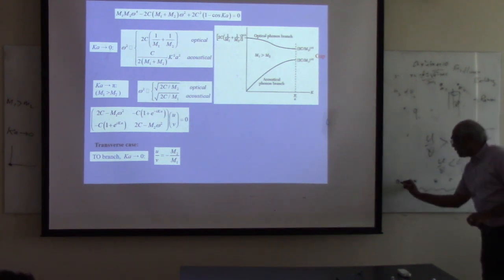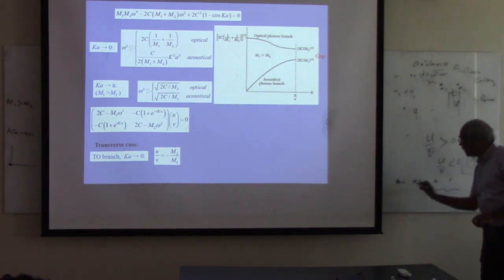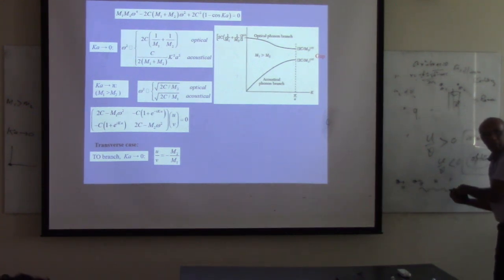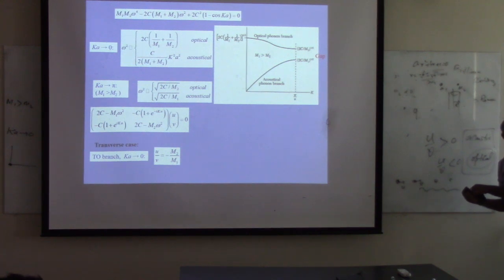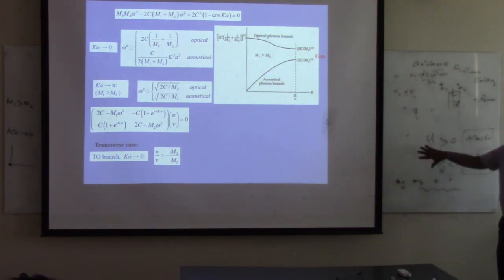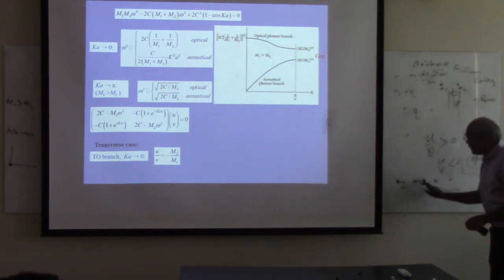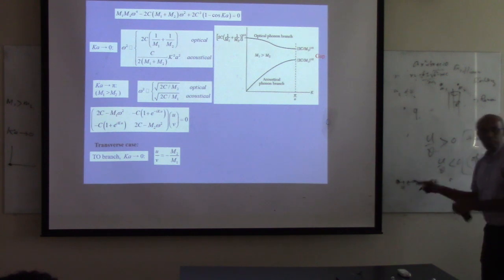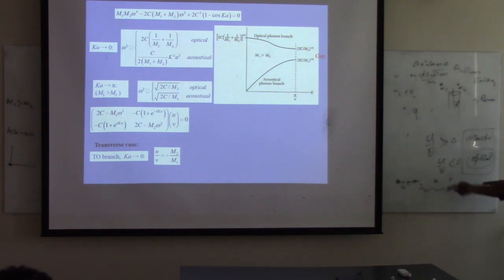Suppose this is your U and this is V. If they are both moving in the same direction, that means they are acoustic, so this is longitudinal acoustic. If one moves this way and the other moves that way, then that's optical.